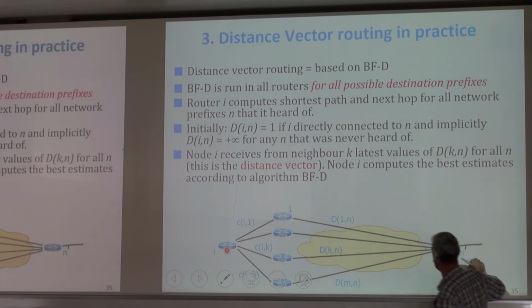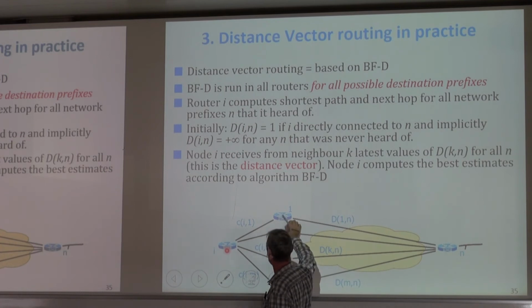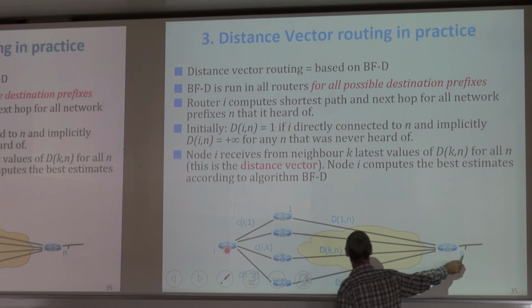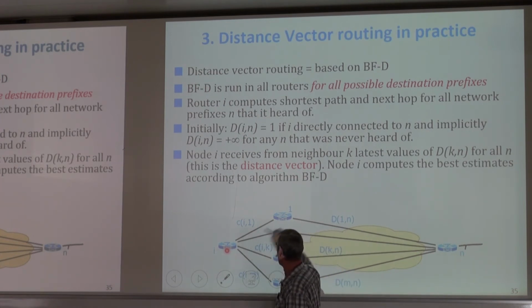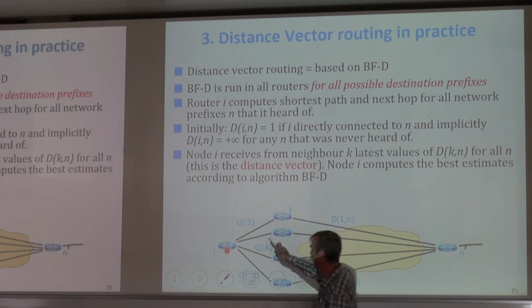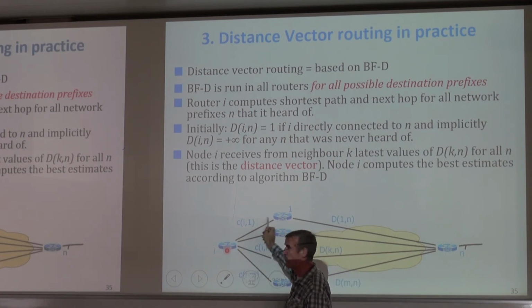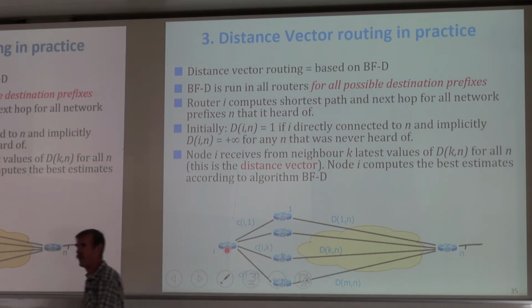So if n is a destination prefix, this router will send to router 1 the cost of going from itself to n for all possible n, and vice versa. I will receive from all neighbors all their estimates of their costs from going to router n, and of course the routers need to be configured with the cost of going to the neighbors. So we need to configure what is called the cost of links. For example, in RIP by default it's 1, in which case the distance is simply the number of hops.